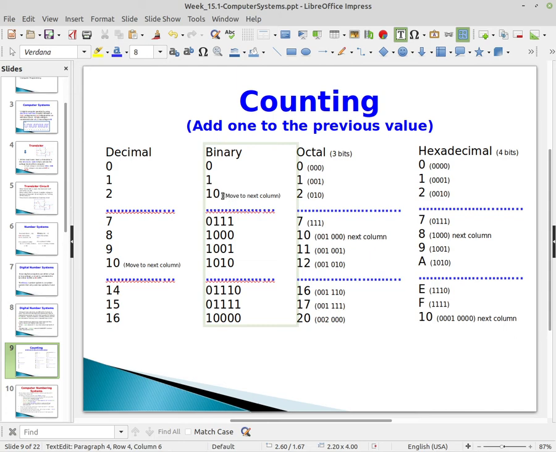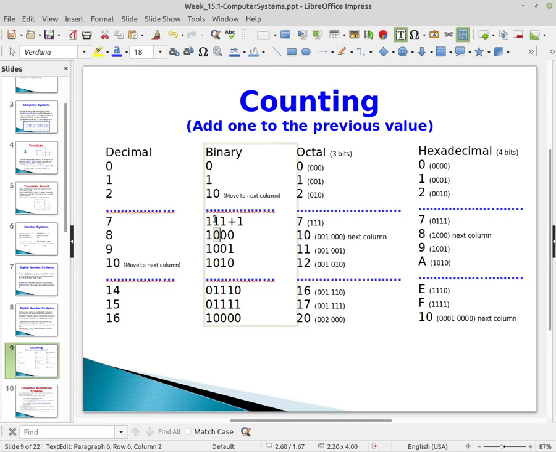So 7 would be 3 bits, 1, 1, 1. And now if we wanted to count to 8, so we wanted to add one more here, we're going to have to move to the next column.